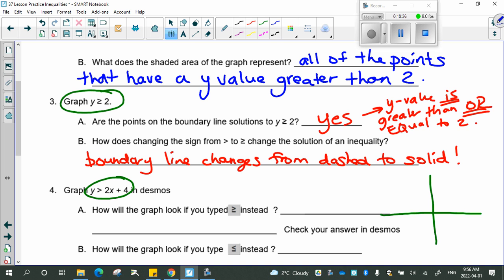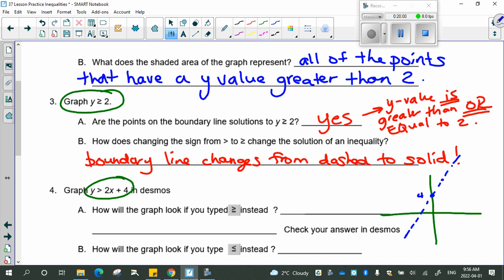Would it be dashed because it's just greater than, not greater than or equal to? Okay, and I know that the line 2x plus 4 has a y-intercept of 4, and a slope of 2 means up 2 over 1, up 2 over 1, so it's going to look something like this, dashed.